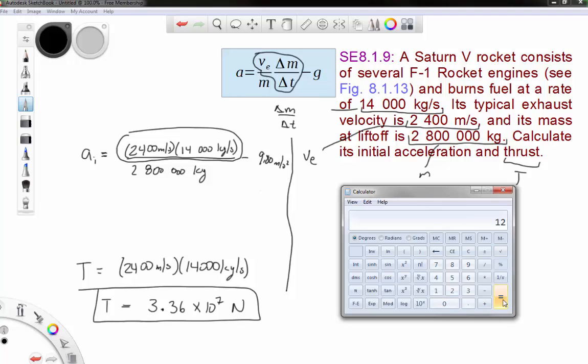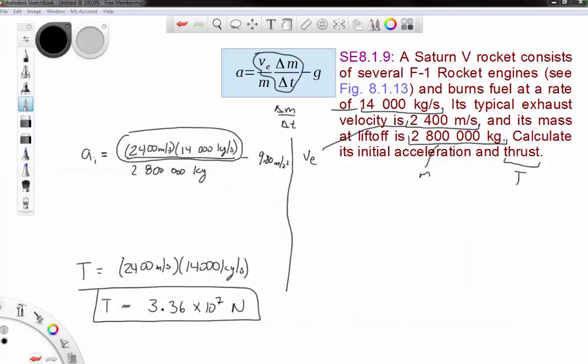So that gives us 12, and you could think of that as the upward acceleration. So we also have a downward acceleration from gravity, so minus 9.8, and you get 2.2 meters per second squared. So this initial acceleration is only 2.2 meters per second squared.